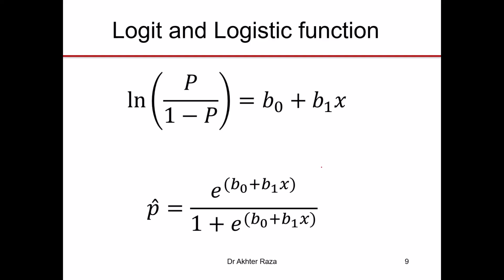These are the two different formats of writing the logistic regression. Sometimes we write down the equation in the form of probability. Whenever we have to predict the probability, it is in the form of p cap. Whenever we have to predict the log odd, the function will be in the form of logit function.